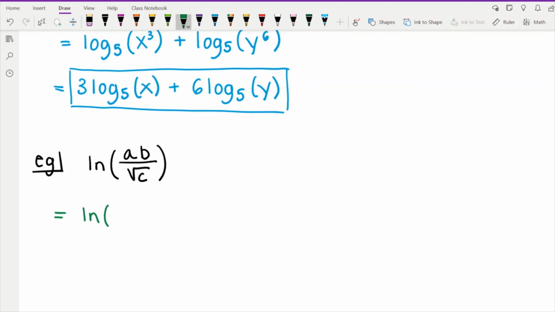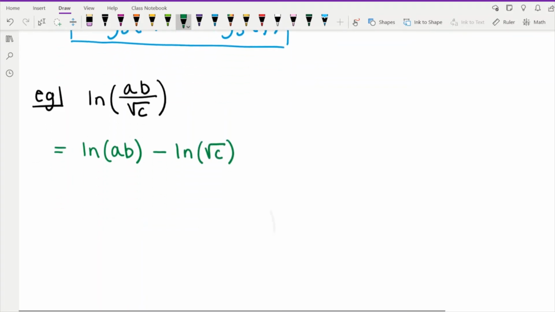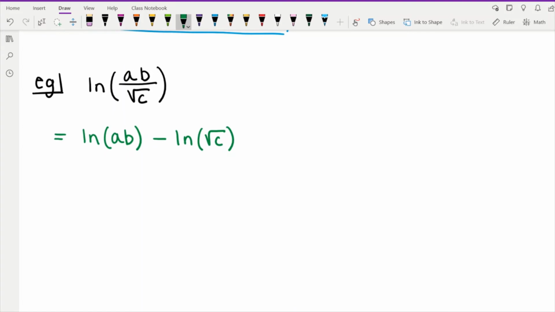And so that means that we can rewrite this as ln of a times b minus ln of the square root of c. And so now each of these pieces, we can access what we need in order to use the next rule, right? So this first one, we can split this up with addition now, right? We can rewrite this as ln of A plus ln of B. And then how can we work with this ln of square root of C?